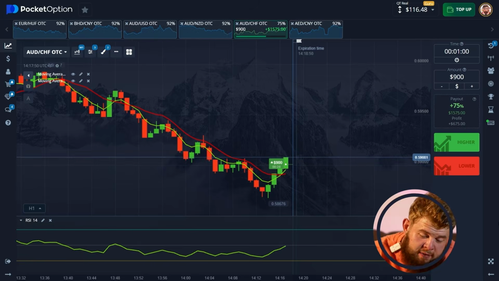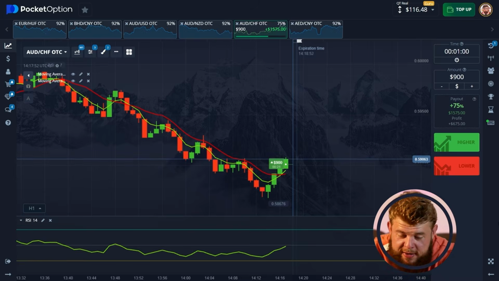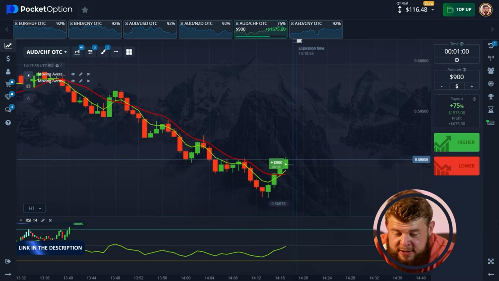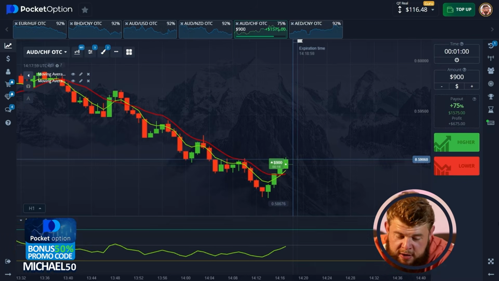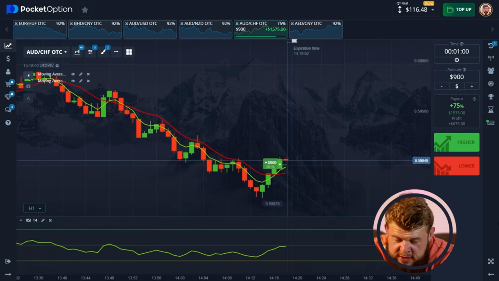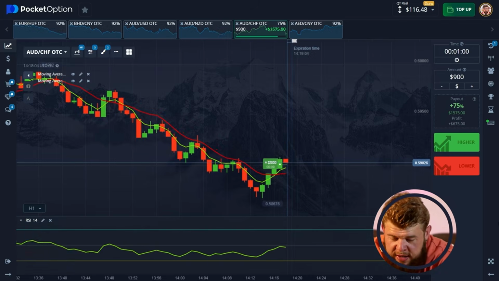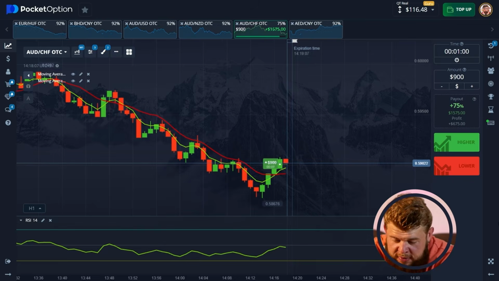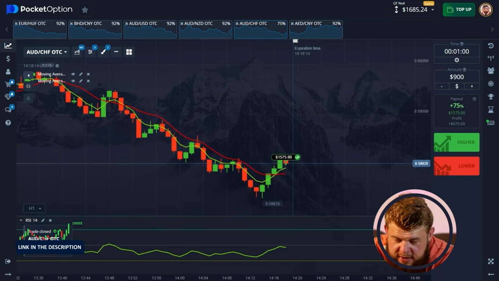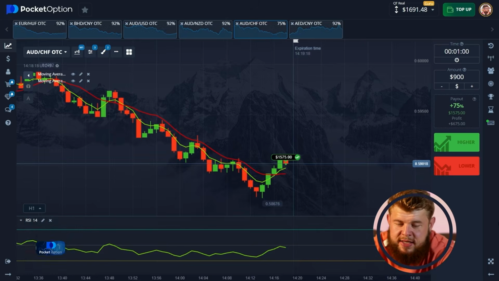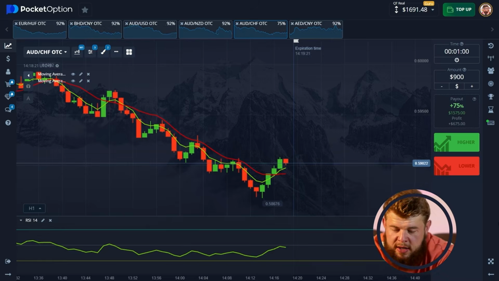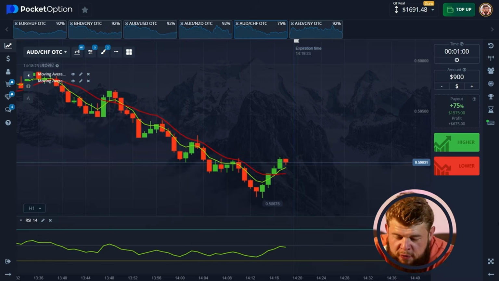So I have opened buy position here, because I'm quite sure that this is the final stop of this downgoing movement, and now price will start reversing. We will see the reversal of this downgoing trend and the beginning of the next upgoing trend finally. So that's it, just several seconds left, my friends. And yep, this trade is close to its profit, and we have $1,691 on the account, and we are ready to move forward.